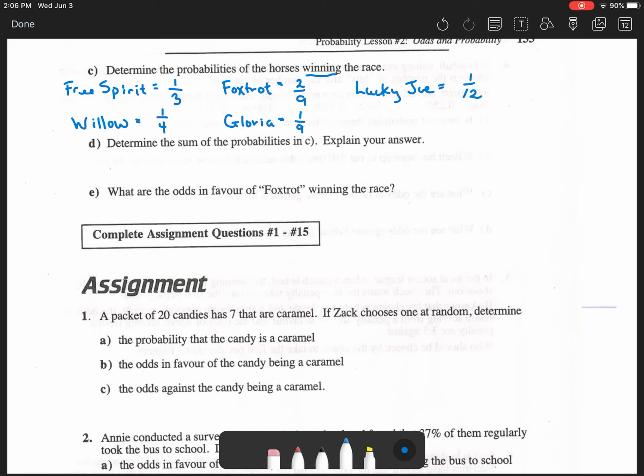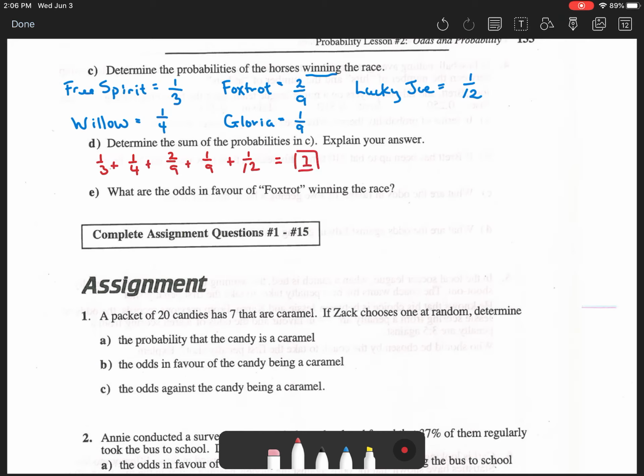Determine the sum of the probabilities in C. Explain your answer. So if I take all of those probabilities, so I go 1 out of 3 plus 1 out of 4 plus 2 over 9 plus 1 over 9 plus 1 over 12. Okay, what you'll see is that adds up to the number 1.